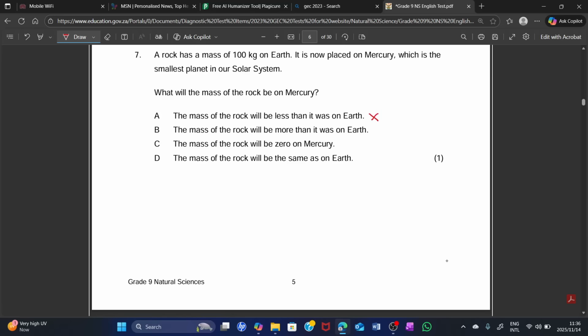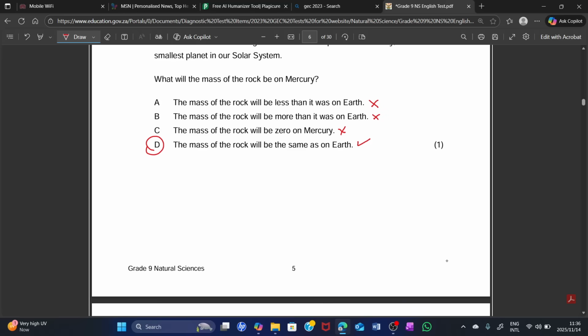No. The mass of the rock will be more than it was on Earth? No. The mass of the rock will be zero? No, no, no. So this is the answer. Let's read it. The mass of the rock will be the same as on Earth. That is the answer, class. That is D. So question 7, the answer is D. Let's go to the next one.